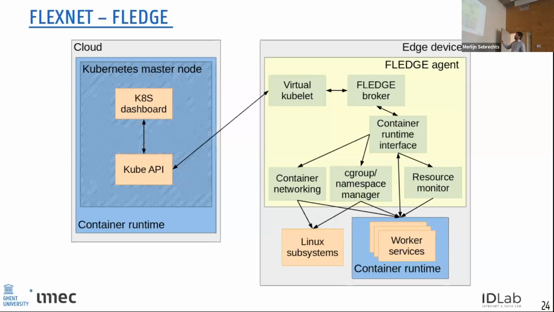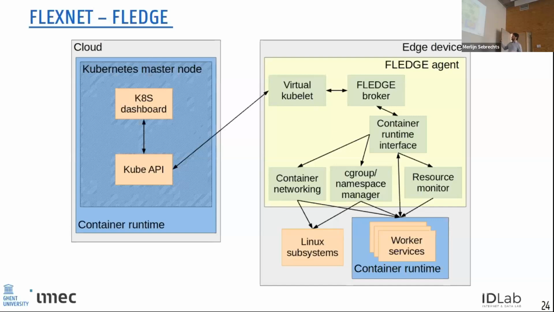Behind that, we have the Fledge broker, which decides which runtime a certain workload should be run on. In the beginning, we only really had Docker and Containerd as alternatives, but we're going to talk about that in a couple of slides. This Fledge broker talks to the container runtime interface, which then takes care of all the rest of, for example, container networking, C groups and namespace management, resource monitoring.